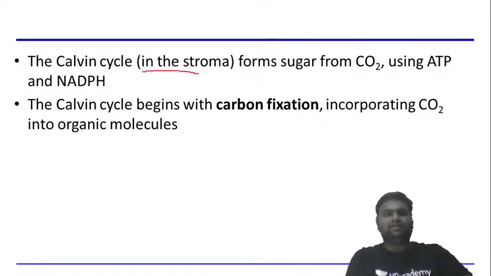The Calvin cycle takes place in the stroma, and it forms sugar from CO2 using ATP and NADPH.